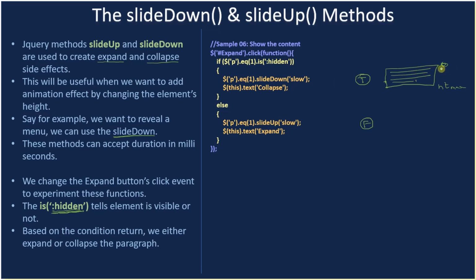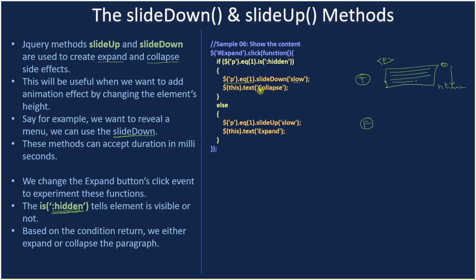So what it does, it performs the animation by increasing the height. So it will look like the element is expanding, right? And which element? Here we are talking about the paragraph, because that's what we pick using the $P eq 1. The effect we are hooking to that element is slide down, and duration is slow.